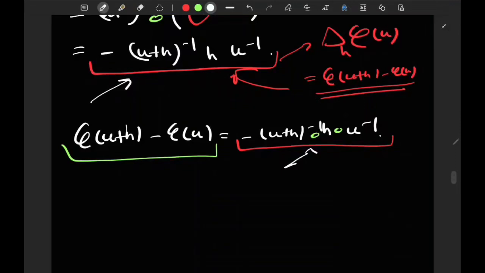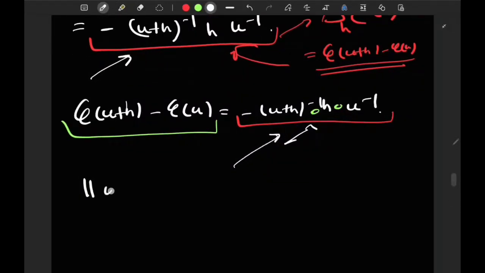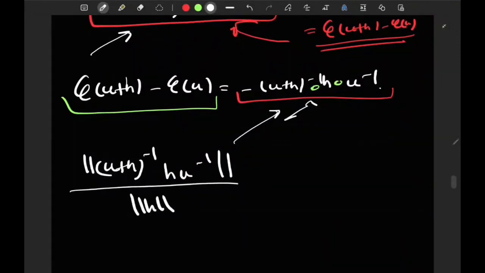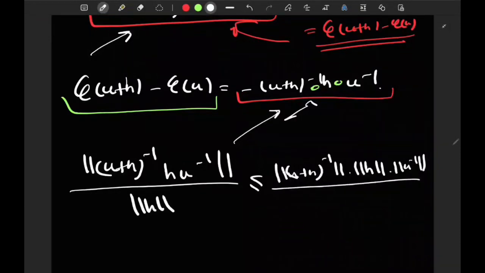Furthermore, if you divide the right hand side by h, so to speak, looking at the norm of (u+h)⁻¹ h u⁻¹ divided by the norm of h, this is not exactly going to go to 0. You can say it is less than or equal to the norm of (u+h)⁻¹ times the norm of h times the norm of u⁻¹. I'm not saying it's not going to 0, it's not necessarily going to 0. You cannot conclude this from here.